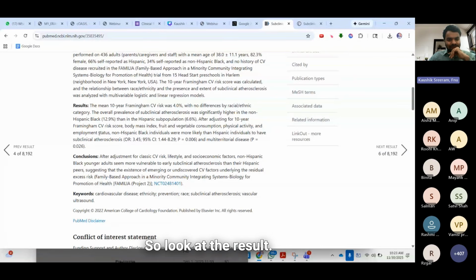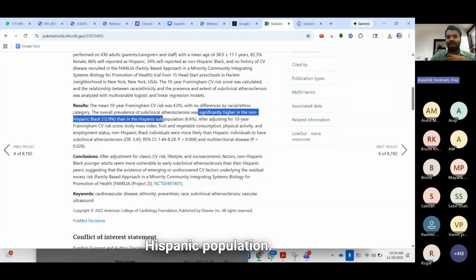So look at the result. They say the mean 10-year cardiovascular risk was 4.0 with no difference by racial or ethnic category. The overall prevalence of atherosclerosis was significantly higher in the non-Hispanic Black population than the Hispanic population. So what are they telling you over here?